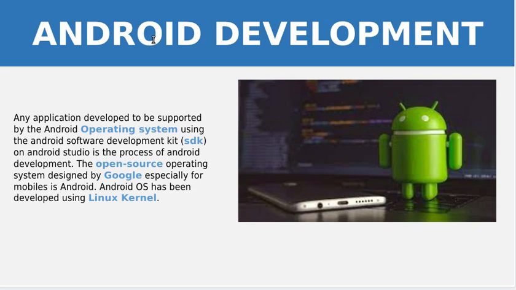Friends, Android development. What is Android actually? Android is an operating system developed by Google, and it's an open source operating system. That means it does not have any cost. The application development for applications based on the Android operating system is called Android development.